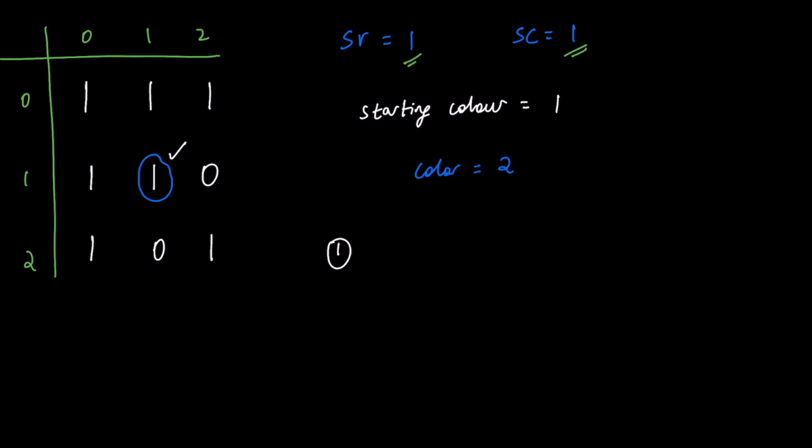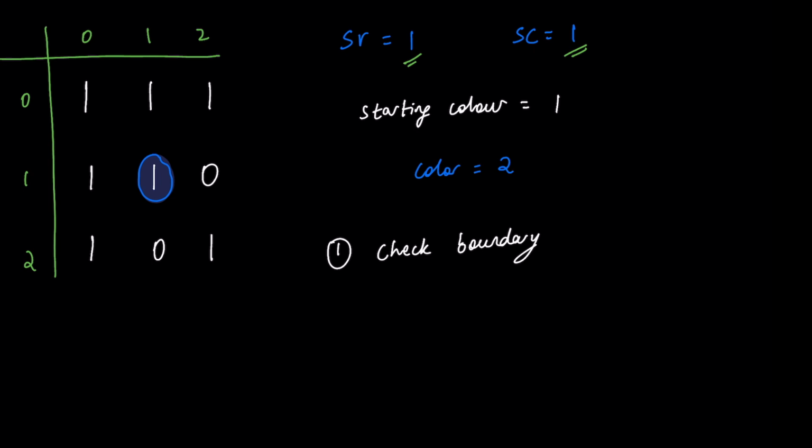The first step is looking at the pixel value that we're currently at. We need to check if it's within the boundaries of the grid. For this pixel position, we're well within the boundary of the grid, as we're not below the lower bound of the row or the column, nor above the upper bound of the row or column. So the first step is check the boundary.